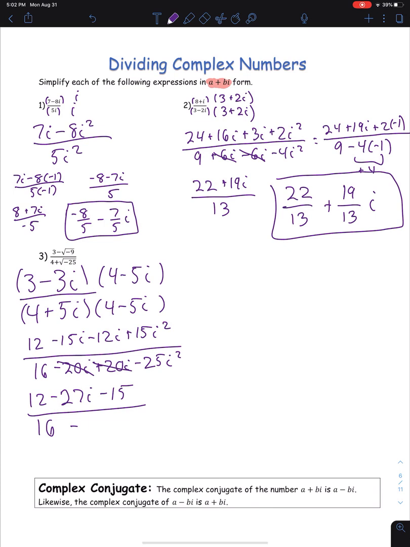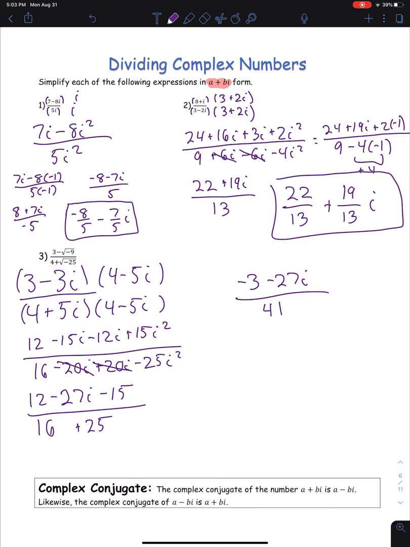And minus 25 times negative 1, which becomes negative 25 times negative 1, you can just write as plus 25 also. So now I'm going to combine like terms in the numerator. I get 12 minus 15 is negative 3 minus 27i all over 16 plus 25 is 41.